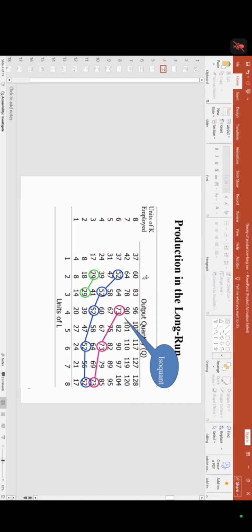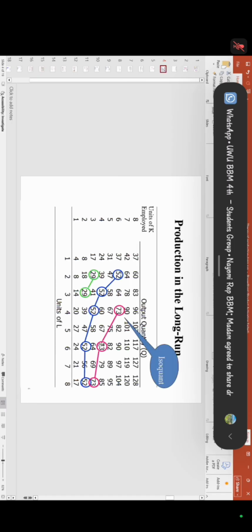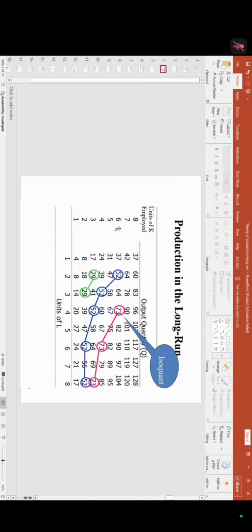Okay, so that defines your optimal usage of input to produce the optimum output. And here in isoquant I have mentioned isoquant is various combinations of input to produce the given level of output. If we assume 73 as a given level of output, you may use 6 capital and 4 labor. That is one combination. Or else you can use 6 labor and 4 capital. And here you can also use 3 capital and 8 labor to produce the 73.